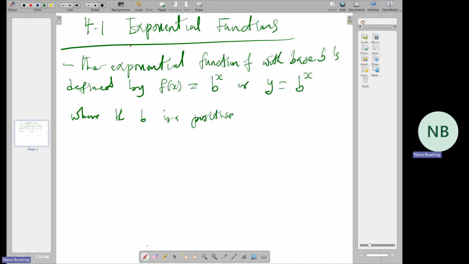It's a positive constant or number other than 1.